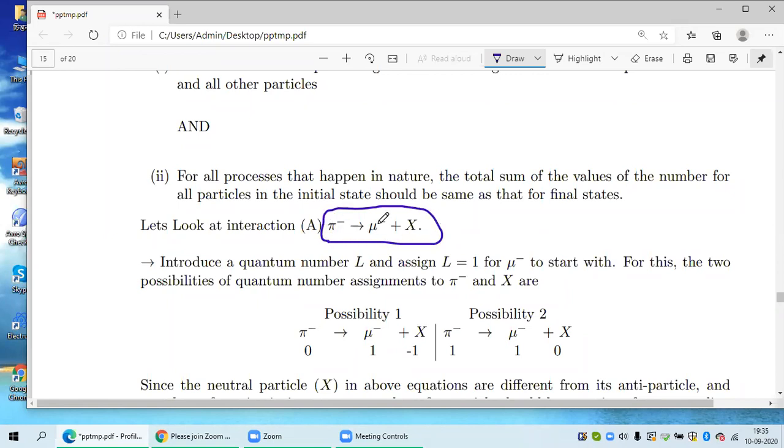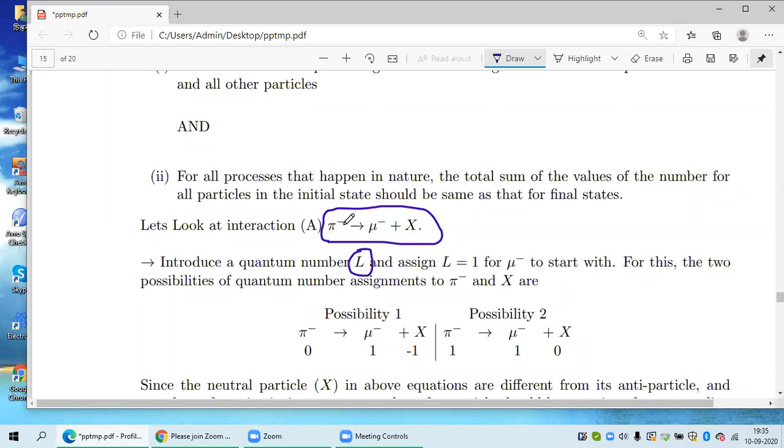We decided that there must be one quantum number which should be different for X and X bar, and which is not charge. So let's introduce a quantum number L. We have to explain that this reaction happens in nature in terms of quantum number conservation.